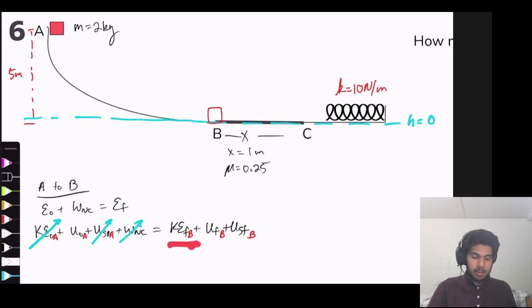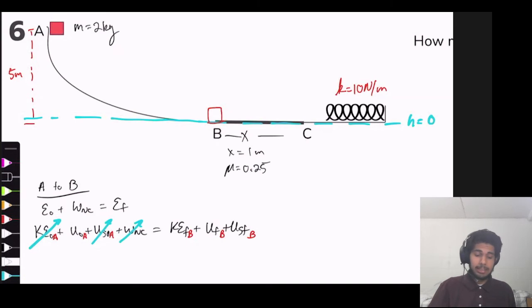Let's consider what happens when we're at B now. Does the block have some sort of velocity? Like, does the block have kinetic energy? It should, right? It's falling down this hill. It goes from 0 velocity to hopefully some velocity. So yeah, I expect this to be non-zero. Is there any final potential energy?